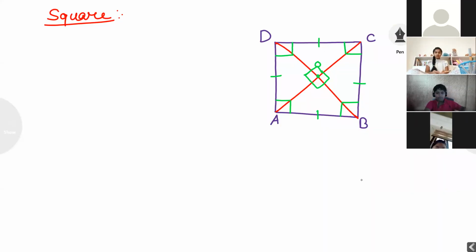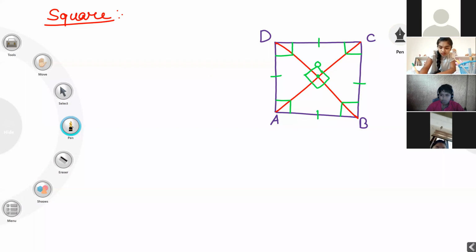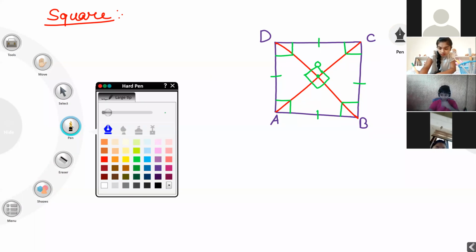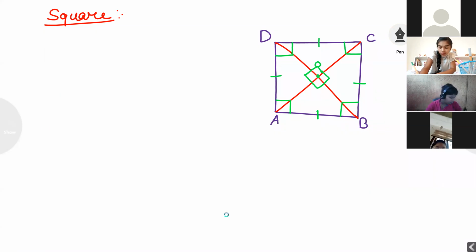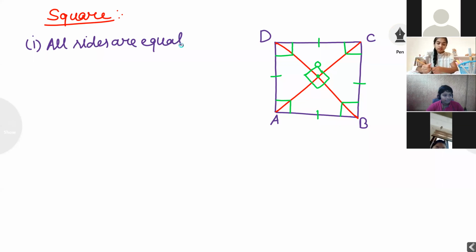Now down first property, all sides are equal. All sides are equal.